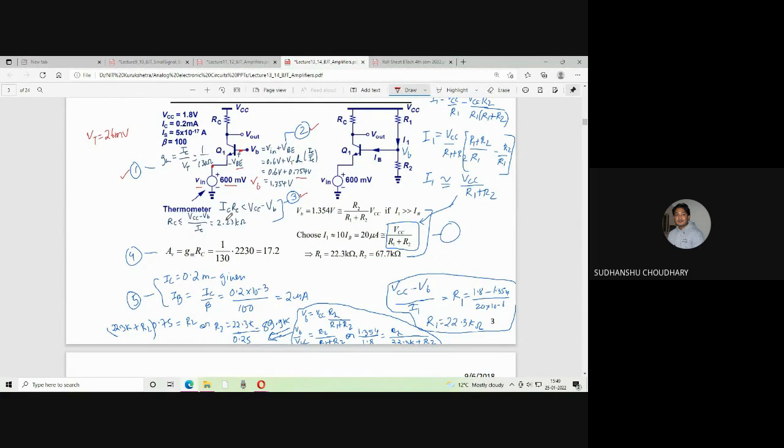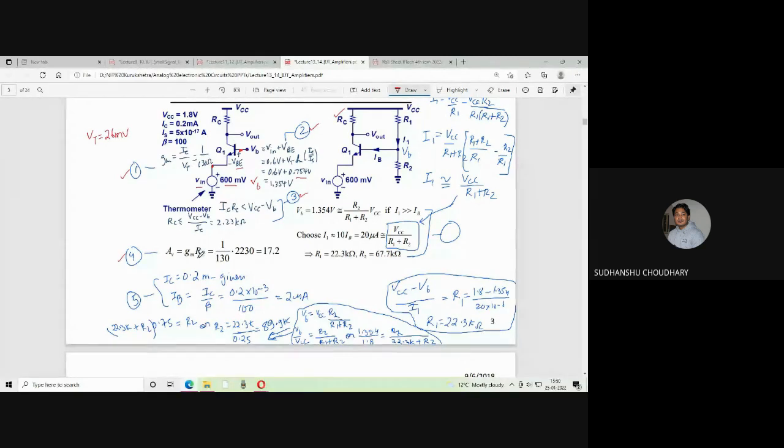VCC is given, VB we have already found, and IC is given here as 0.2. Once you put these values, you get RC. So RC is known now. This is 2.23 kilo-ohms.